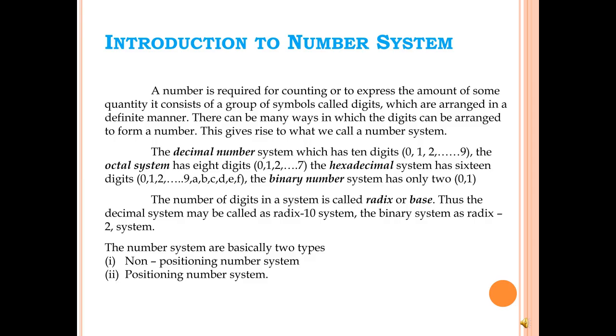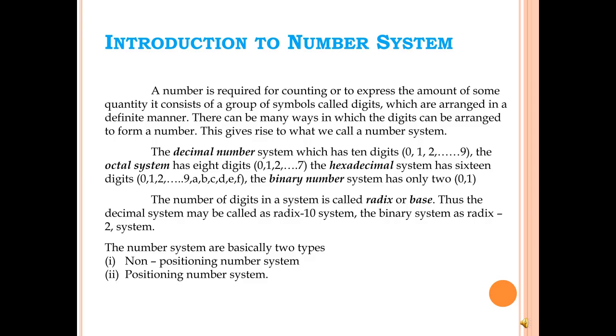So number 10 is denoted as A, number 11 as B, number 12 as C, number 13 as D, number 14 as E, and number 15 as F. After that, we have the binary number system, which has only two digits, that is 0 and 1.